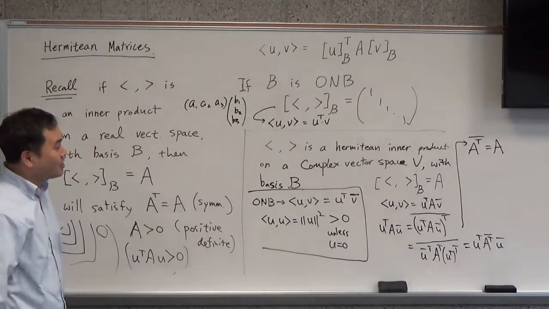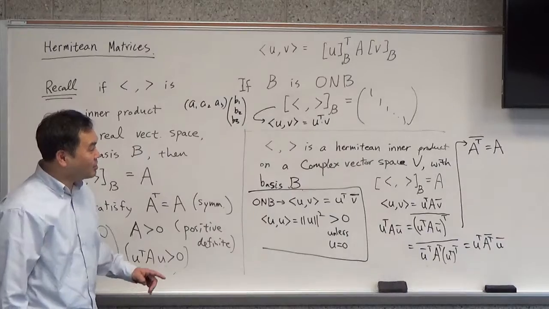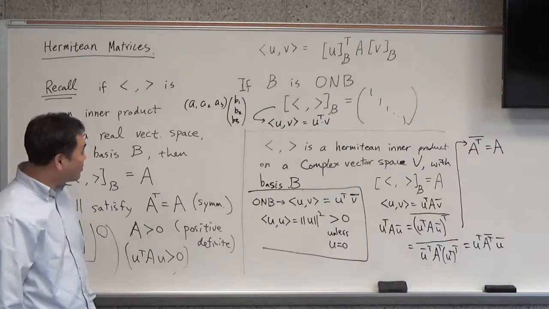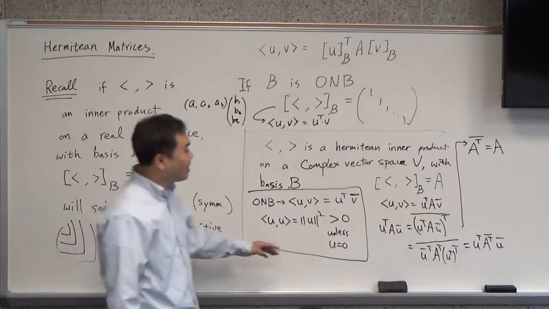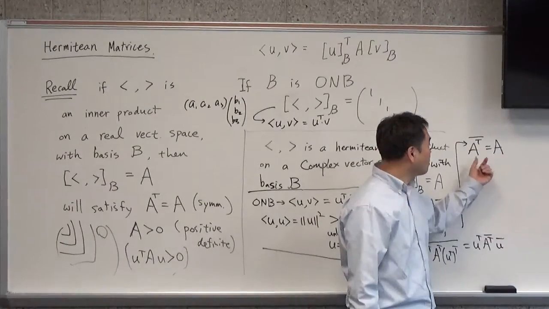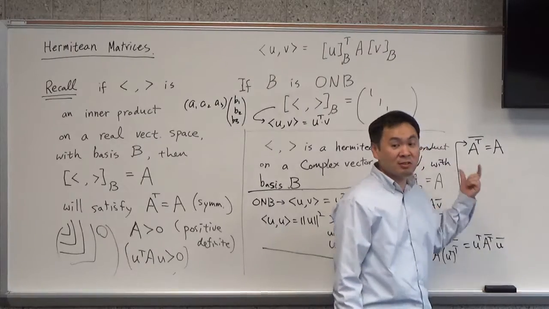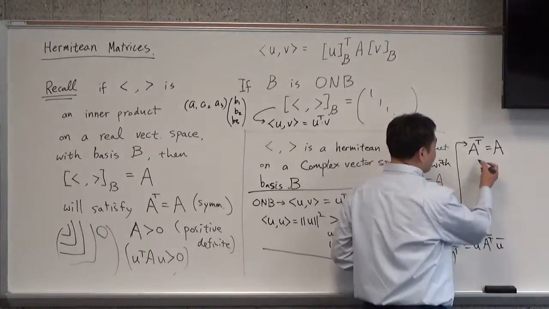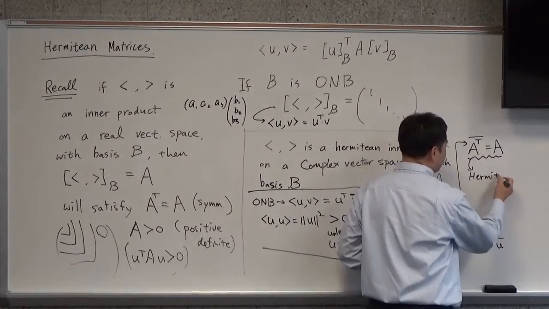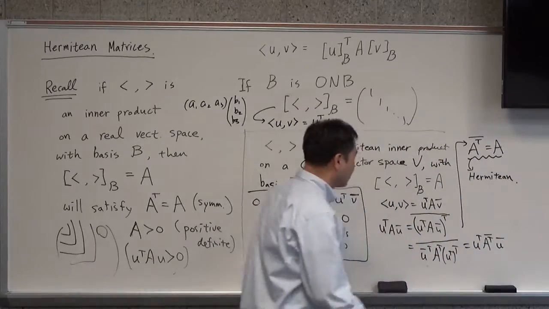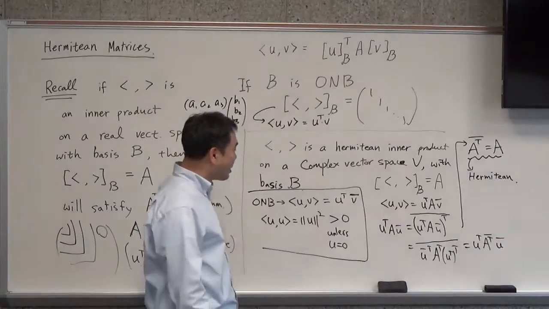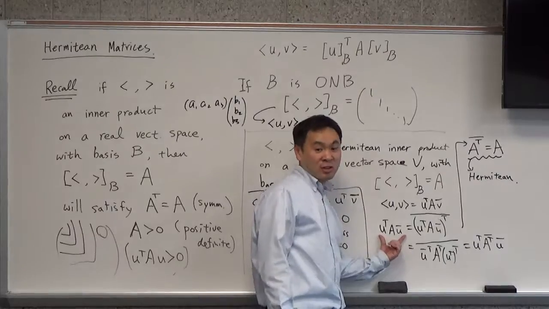Notice that that's just a slight addition to this condition. In fact, if you have any real symmetric matrix, taking the bar doesn't do anything, so this will always be true anyway. We now have a name for this because it came from the Hermitian inner product. Any matrix satisfying such a thing will be called Hermitian. In addition, there will be a counterpart with positive definiteness, where this quantity has to be positive.